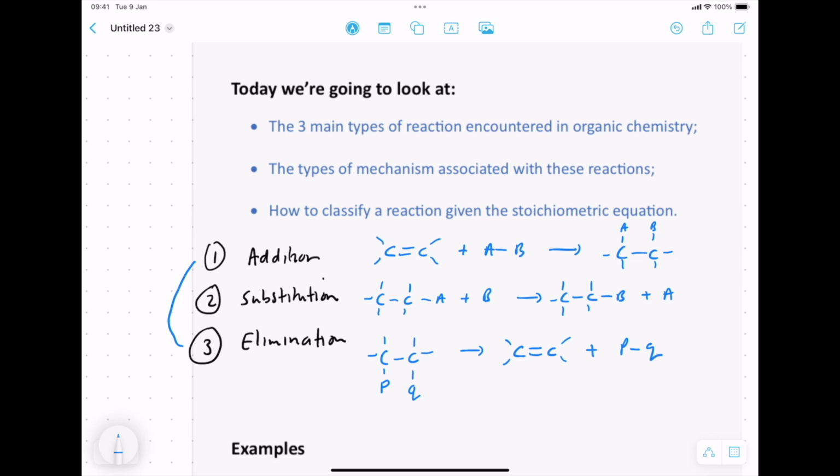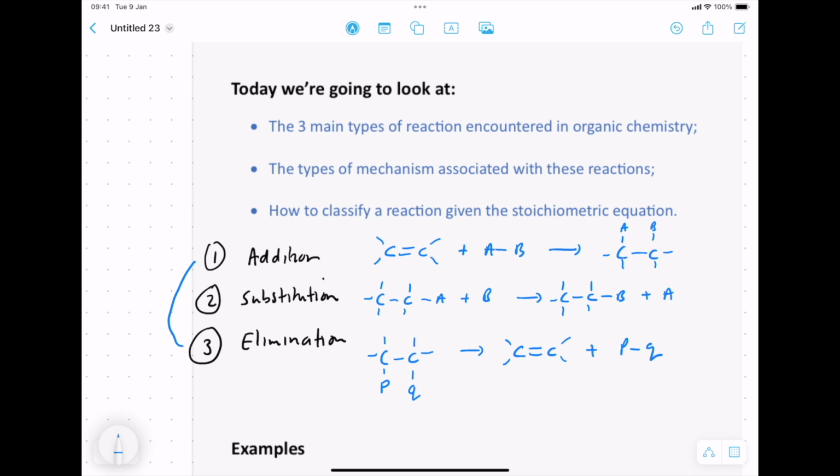So you always see the production of a double bond. Look out for an alcohol being dehydrated to an alkene plus water kicked out, or another really popular one, a haloalkane, where a hydrogen halide like HCl or HBr would be removed. And again, you get the production of that double bond.